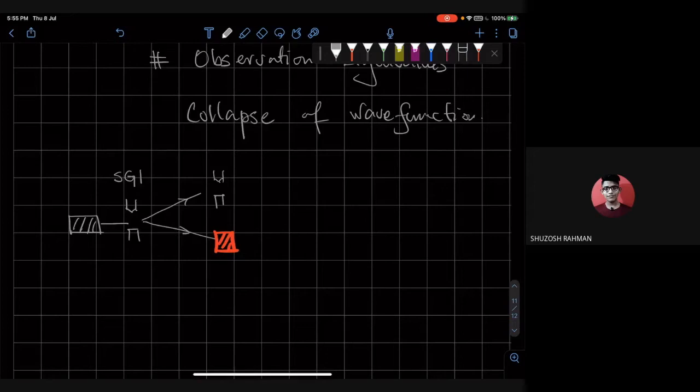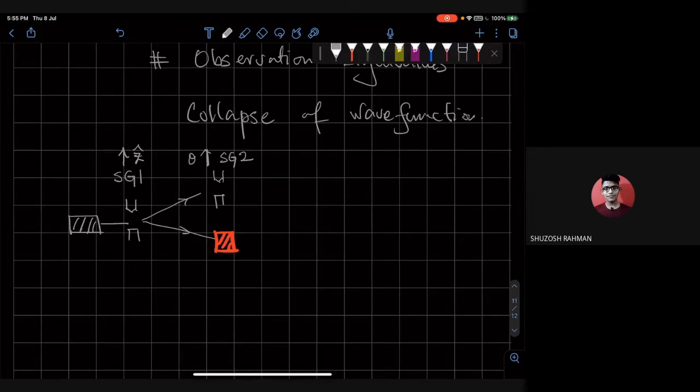So this Stern Gerlach 1 was pointing in the Z direction. But the Stern Gerlach 2, let's call it SG2, not Stargate, okay? So the Stern Gerlach 2 is pointing in a direction which makes an angle theta with the Z direction.